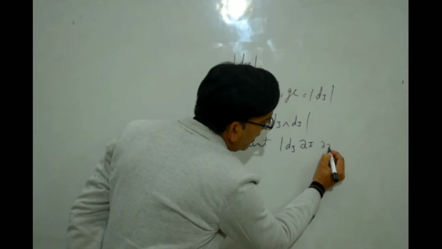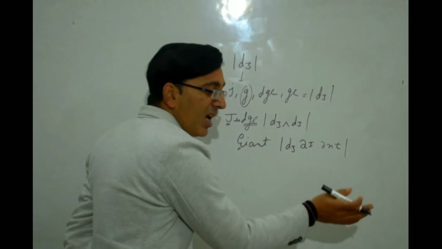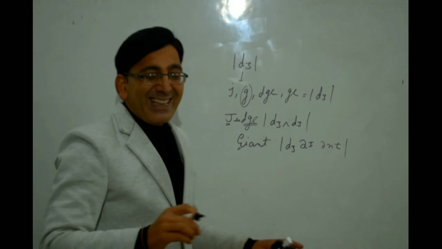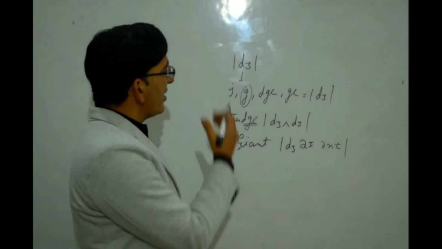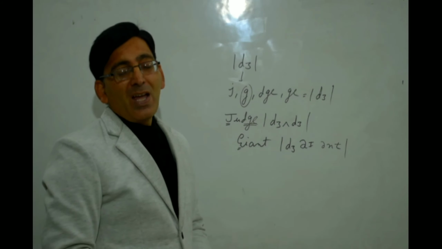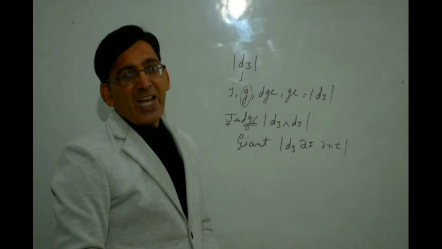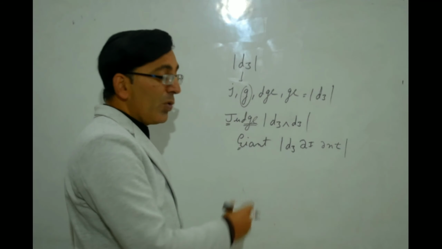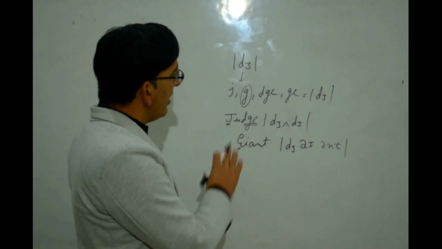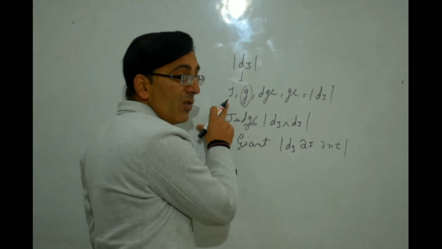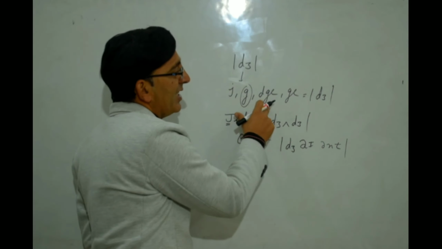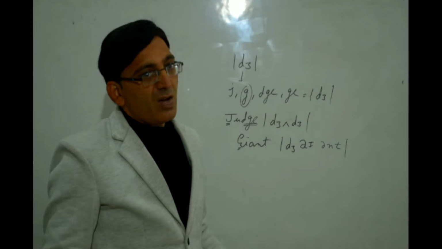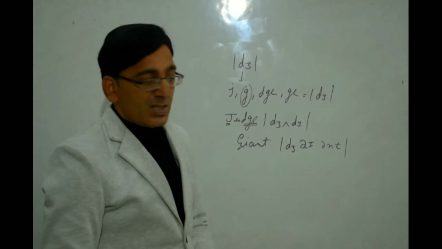Giant. Clear? I will discuss other rules later on. In this video, my focus is to discuss all the consonant sounds and the problems students face while doing transcription. So this is produced when there's a J, G, D-G-E, G-E, and they give the sound of J, and then we will pronounce it this way.